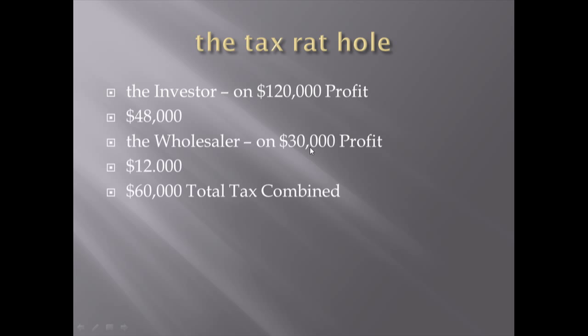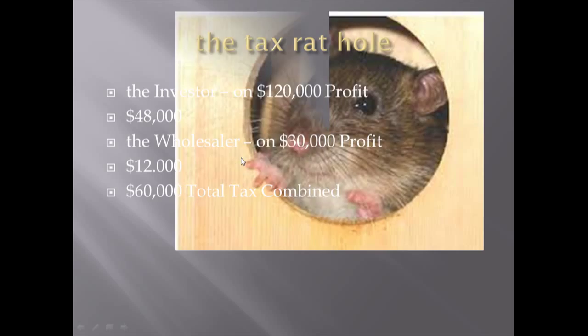The wholesaler made a 30 grand profit, but has a tax bill of 12 grand. If you add the two together, the 48 grand and the 12 grand, the combined total tax of the wholesaler and the investor is 60 grand. And that is what goes down the rat hole.